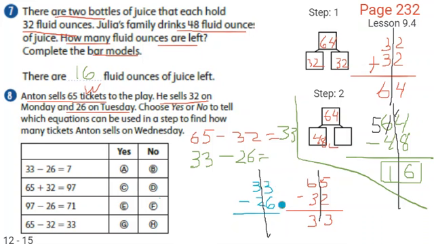We need more ones. You should know that 10 ones make 1 ten. So take a 10 away from here. So that's going to make that 2 tens. And we're going to put 10 ones over here. So that's 13. So this is 13 minus 6.